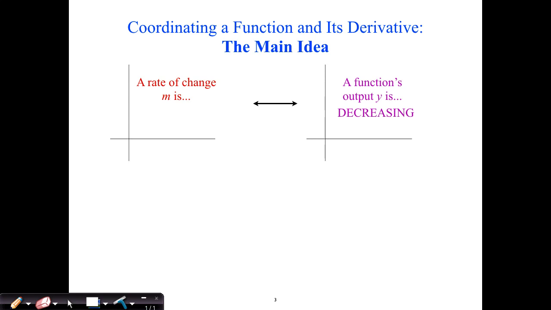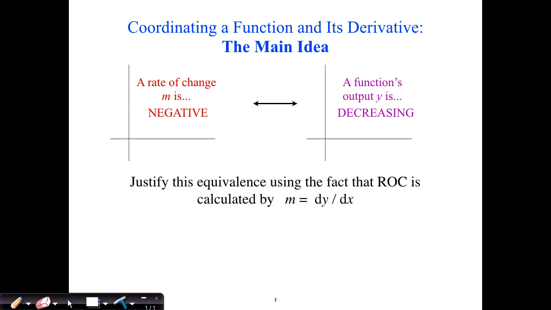As x increases, y decreases, so if I do the same sort of computations, the rate of change of y to x is going to be a ratio of a negative with a positive, coming out to a negative result.